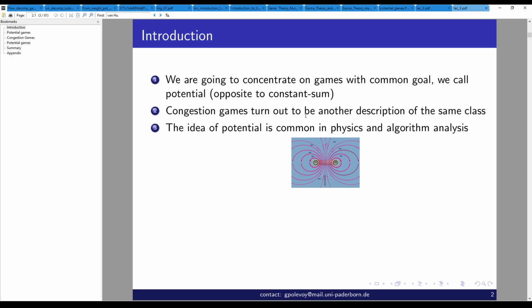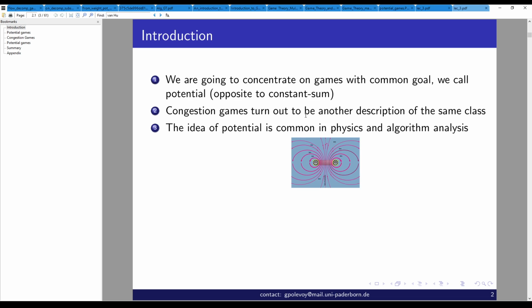And that's an idea which is common also to physics and to algorithm analysis. When you have something which represents a value of a point in space, which can be used to describe the energy of any physical body, given the potential of space, for example, the gravitational or the electromagnetic potential.